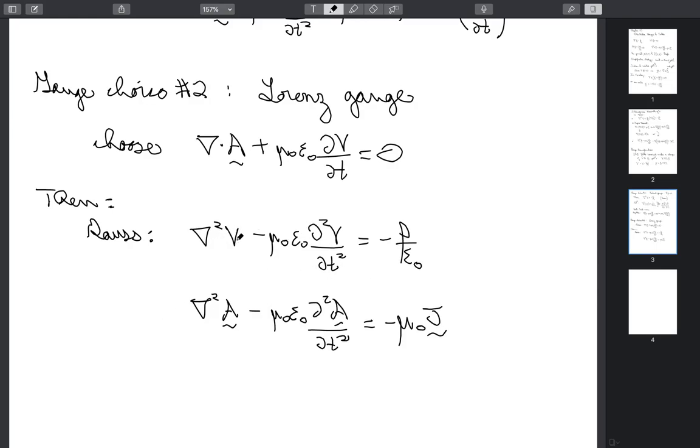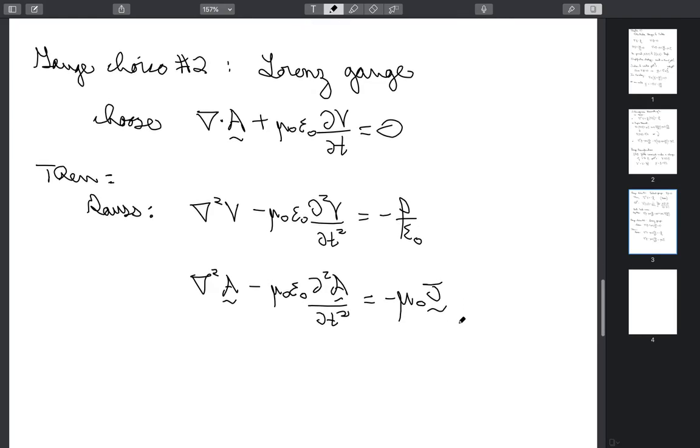For the scalar potential, you are sourced by the charge density distribution. For the components of the vector potential, you're sourced by the components of the current density. So this is kind of the most aesthetic way that we have of rewriting these things.